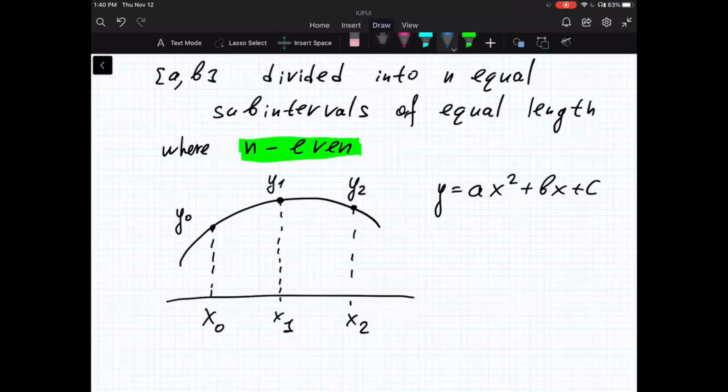And remember that we have our subintervals of equal length, delta x. So this is my delta x.